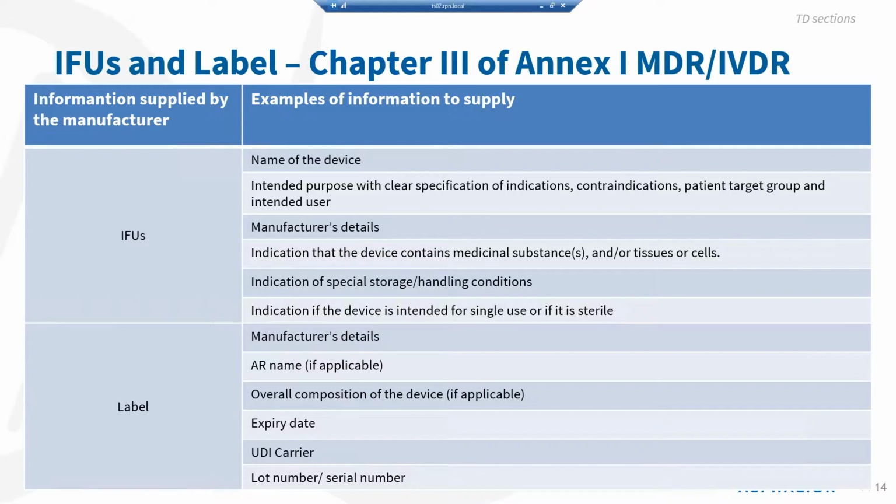If the manufacturer is based outside the European Union and has to have an authorized representative, the people acquiring this device have to be able to see on the label who is acting as the authorized representative of this manufacturer that is not based in the EU, to see who is legally responsible in Europe. Other examples of things that should be included in the label are the expiry date and the UDI. We were talking about this UDI before. This should be included in the label.